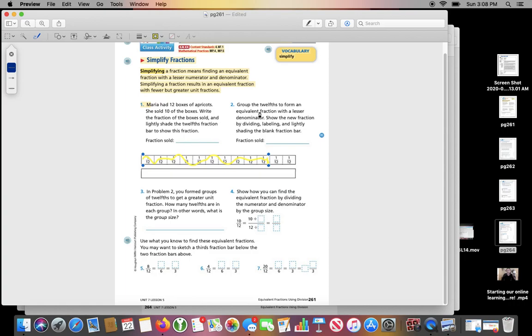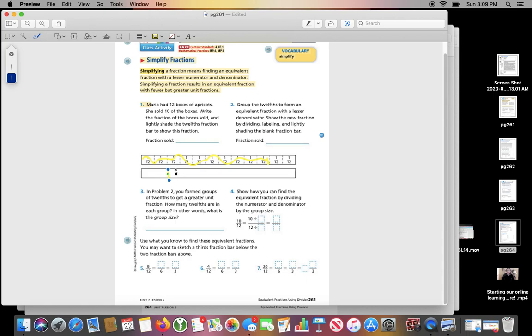Now number 2 says to group these twelfths to form an equivalent fraction with a lesser denominator. So when I'm thinking about twelfths, how can I make that denominator smaller? Well, I can divide. And if I divide twelfths by 2, then I get sixths. So I'm going to look in every 2 twelfths. I'm going to draw a line.